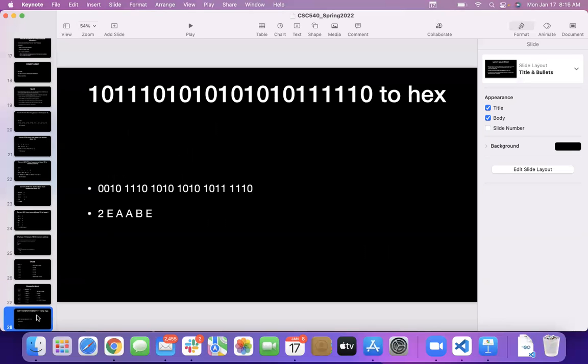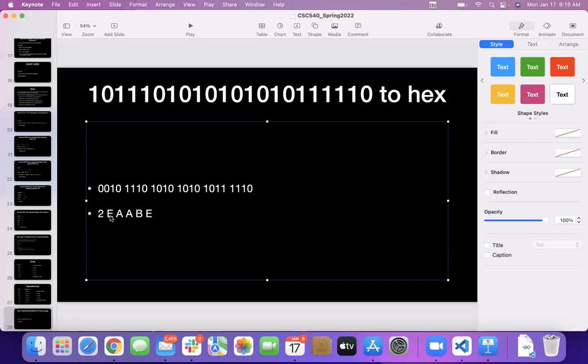This last example really drives that home, right? This is the hexadecimal version of the number. This is the binary version of the number. The binary is more than twice as long. A lot more bits go into it, a lot bigger value in terms of footprint.